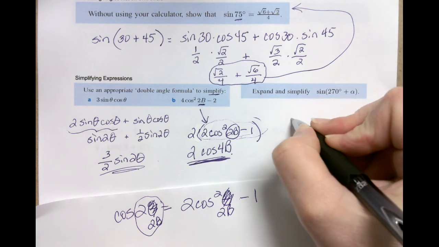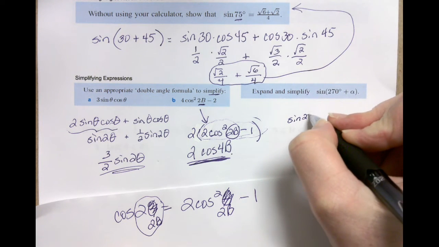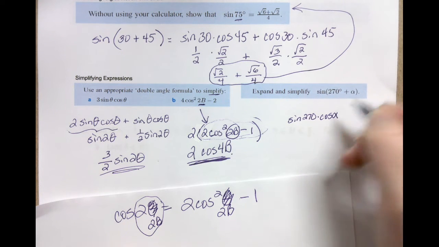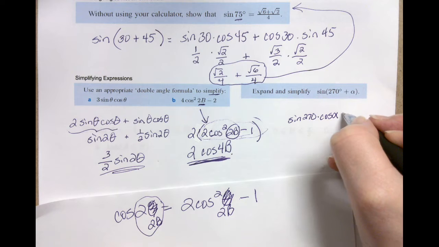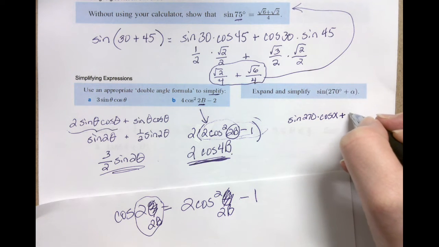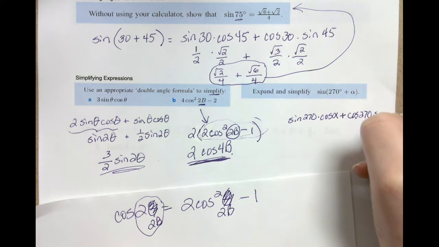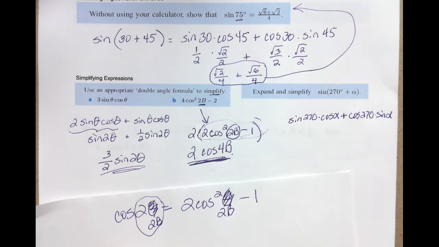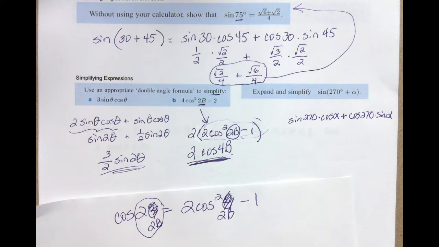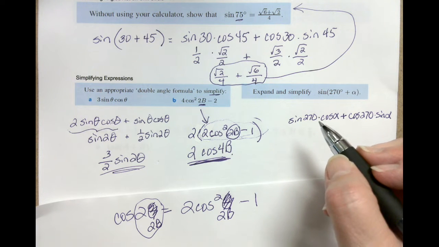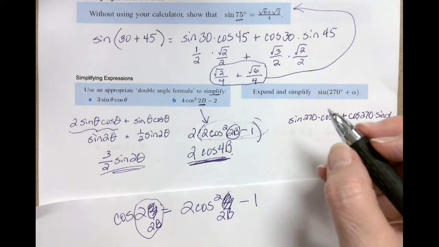So this is sine of 270 times the cosine of alpha plus the cosine of 270 times the sine of alpha. I just did it on a separate piece of paper since it gets cut off. What is the sine of 270? Negative 1.